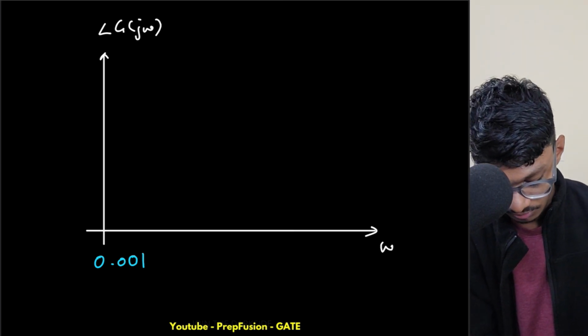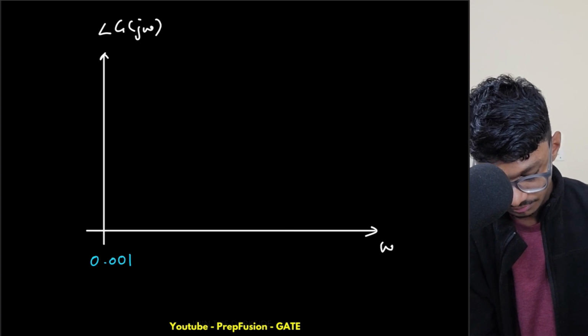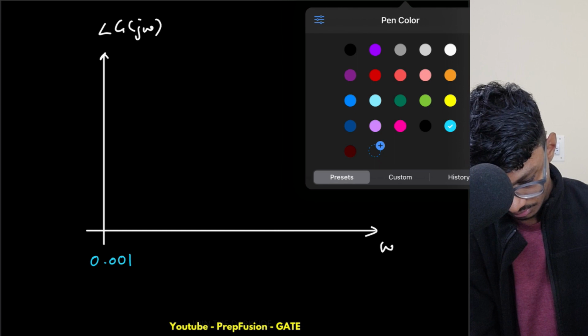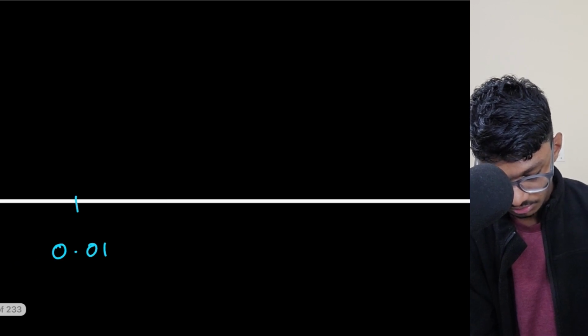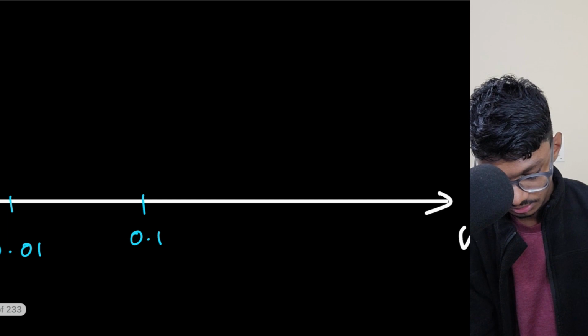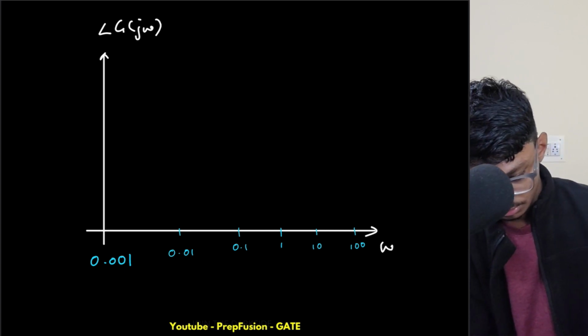Let me mark the corner points also. Here let me mark 0.01, then 0.1, then 1, then 10, then 100.